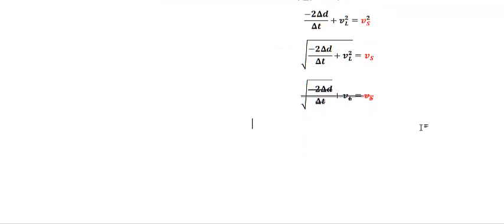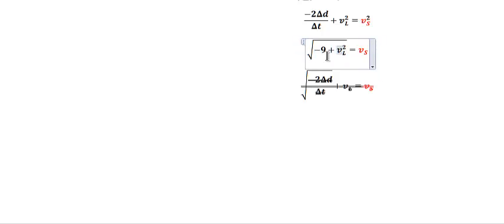A good way to prove that what you're trying to do is not legitimate is to use some numbers in there, and I'm going to use the following numbers. I'm going to replace this with some numbers. Let's say we pick variables for delta d and delta t such that this number came out to -9.